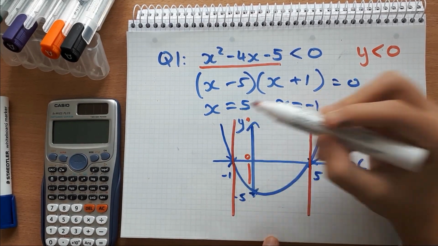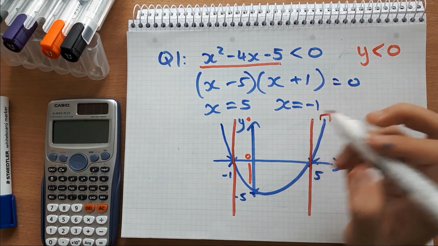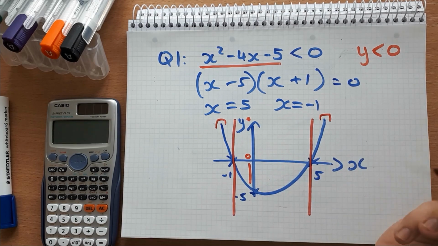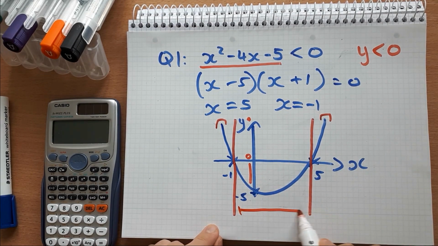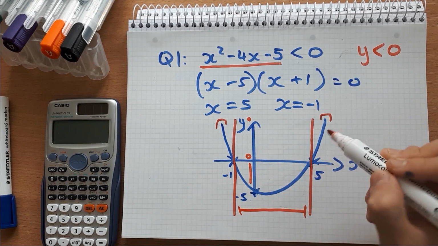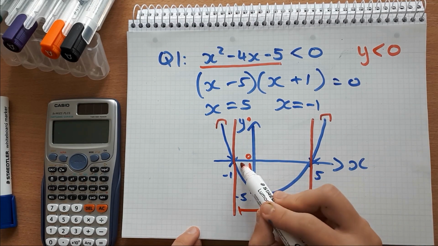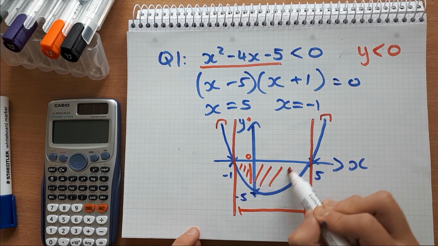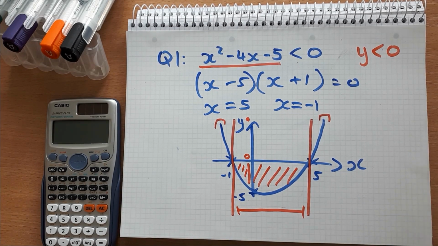So it is less than 0 between these 2 points. Between there and there, the curve goes underneath, and so that's how you know where to shade. You're shading under 0 in this region here. Hopefully that makes sense. That's the shading part, which is the most complicated part of this.